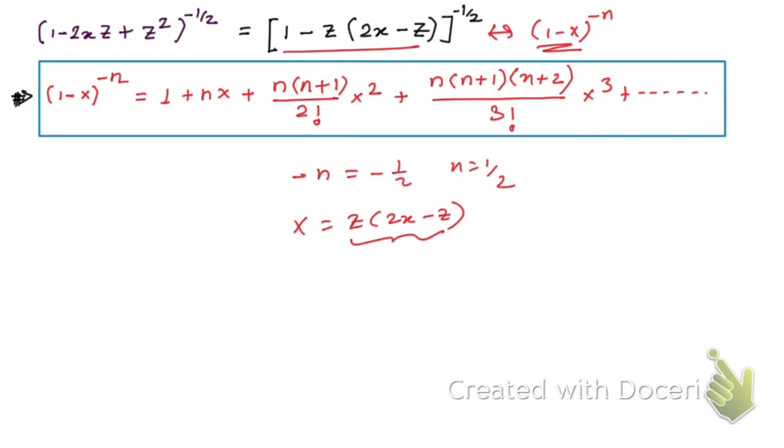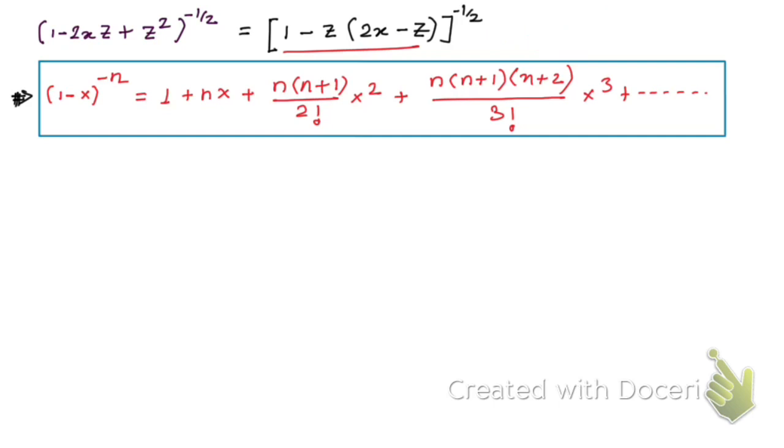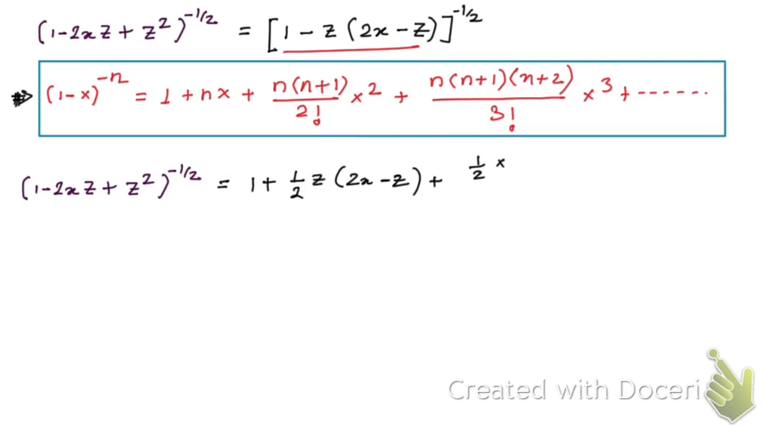If we use this expansion, then what we're going to have is, let me copy the first step, 1 plus 1 by 2 z into twice x minus z, plus half, here negative becomes positive, so minus half plus 1.